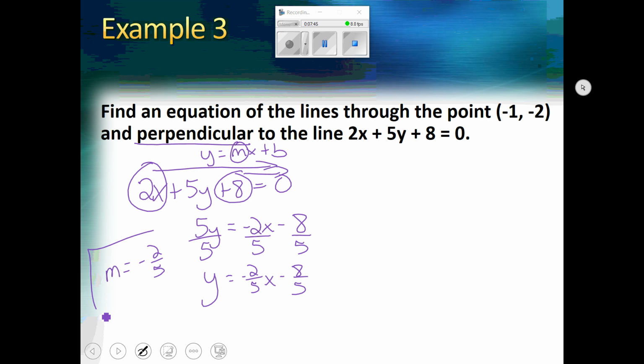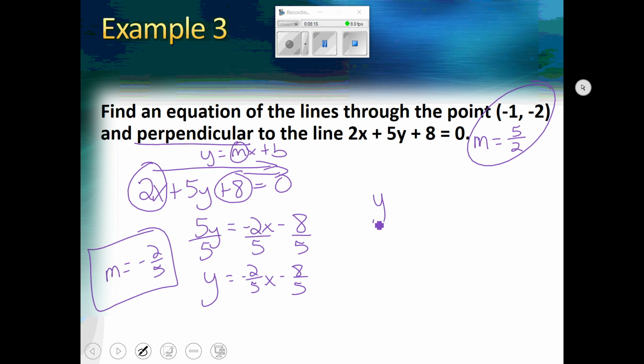Okay? So that means the slope I want to use is the negative reciprocal of that. So the negative is going to make it a positive. You're going to take the opposite, and then you're going to take the reciprocal. So the slope is going to be 5/2. Okay, so now you've got point and slope.